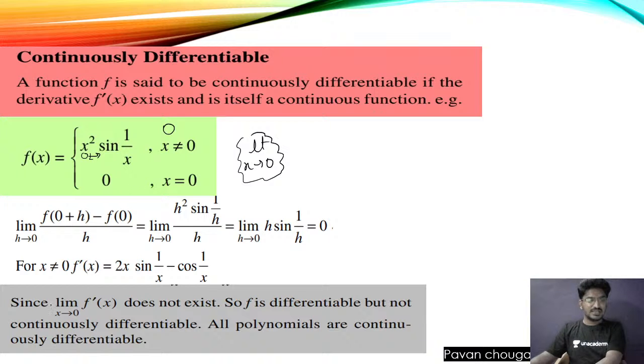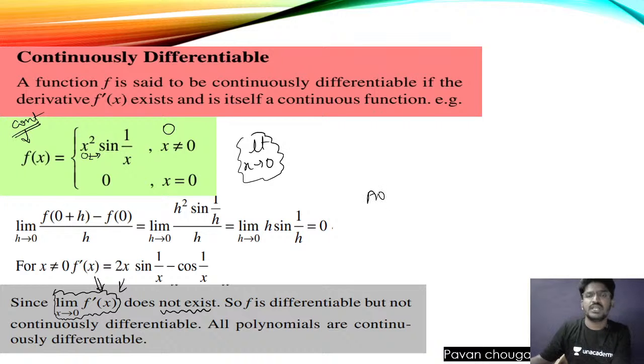But see here, since limit extending to 0 of f dash of x, please be careful with this. Limit extending to 0 of f dash of x does not exist. I am telling that f of x is continuous, no problem. But f dash of x has no limit.